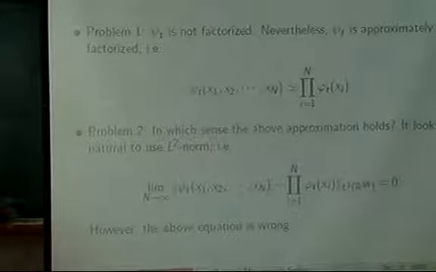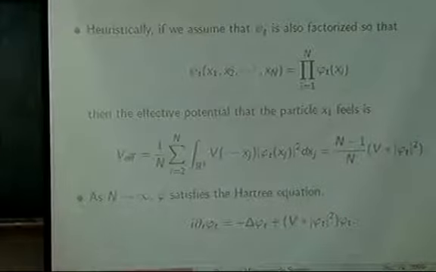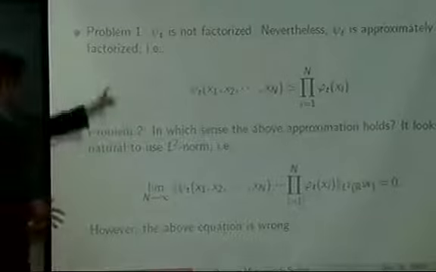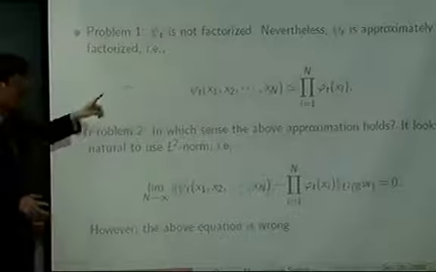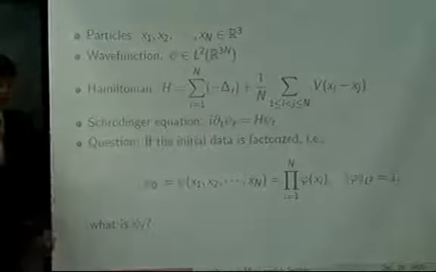Of course, this is not mathematics. First of all, the assumption is wrong, because to do this, we first need to let psi t be the product of the wave functions of each particle, but psi t is not factorized. If you plug in a formula like this, then the Schrödinger equation, i partial t psi t equals H psi t, is wrong.